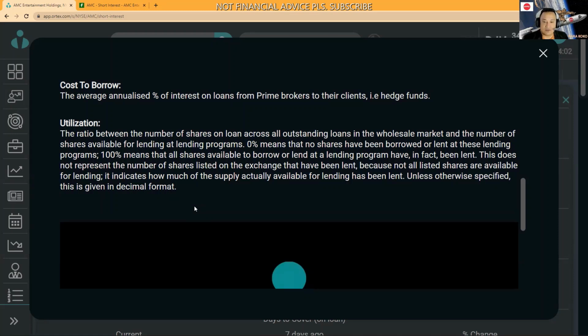This does not represent the number of shares listed on the exchange that have been lent, because not all listed shares are available for lending. It indicates how much of the supply actually available for lending has been lent unless otherwise specified. This is given in decimal format.